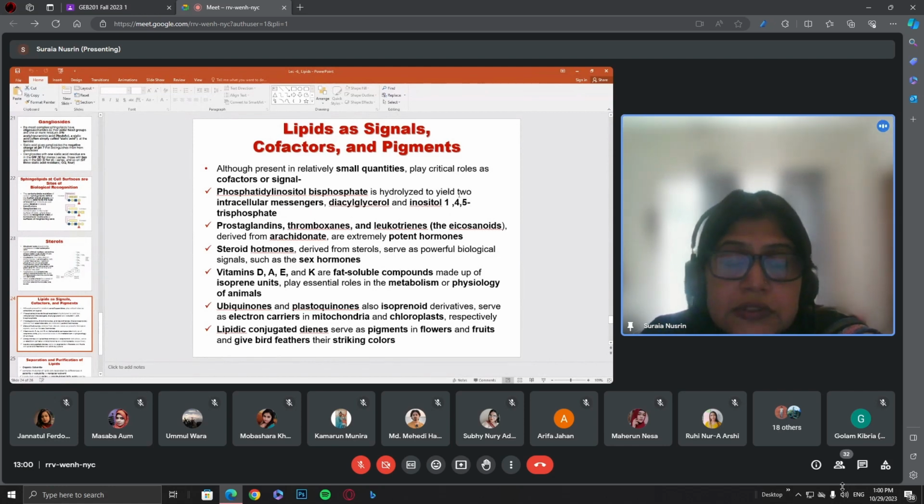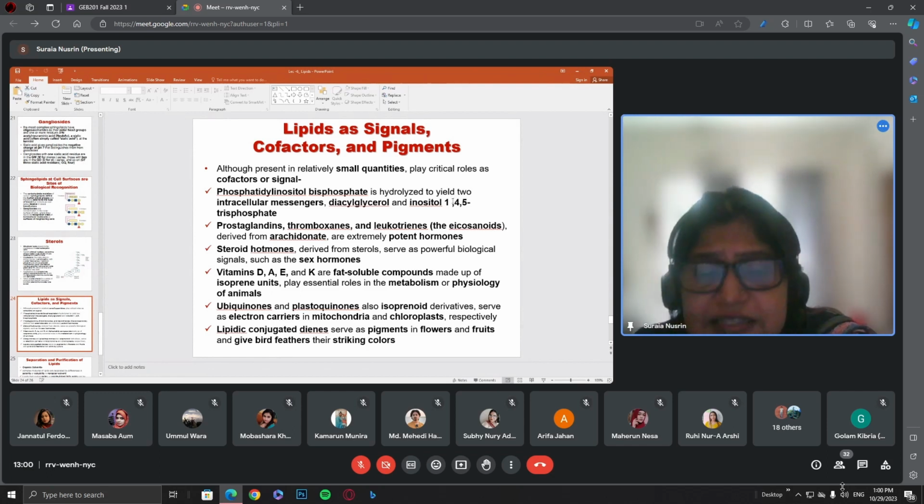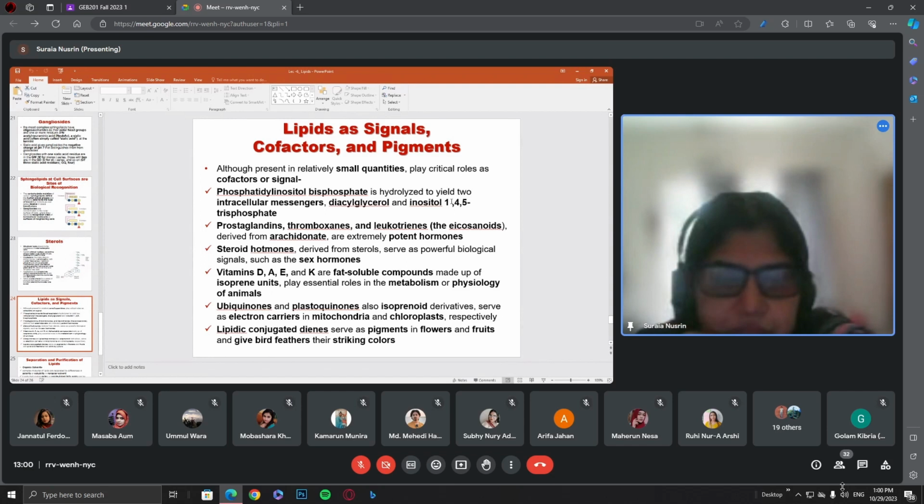So these molecules then function as intracellular messengers. That means within the cell they are functioning as the signaling molecule.